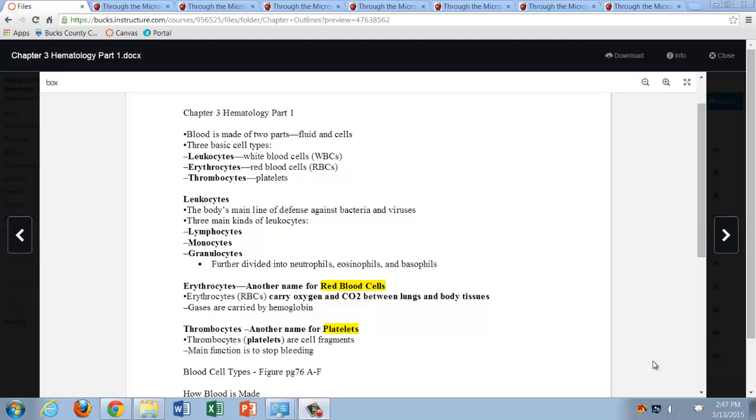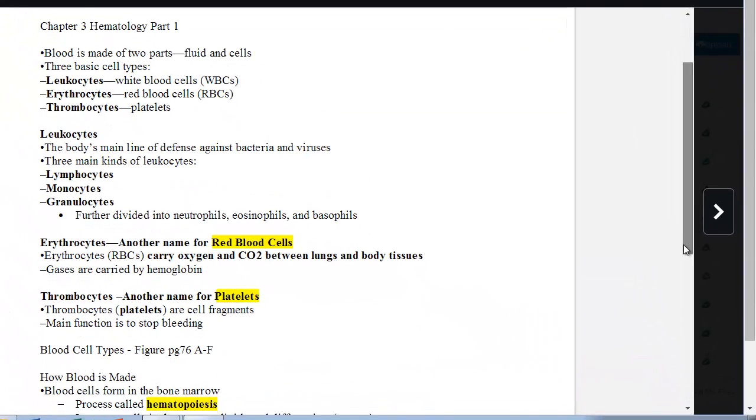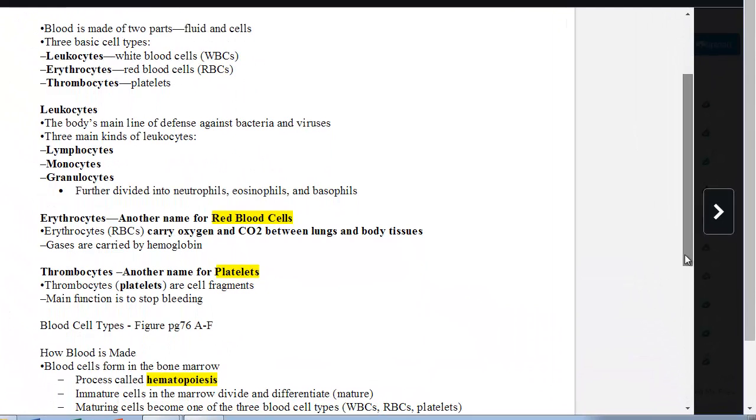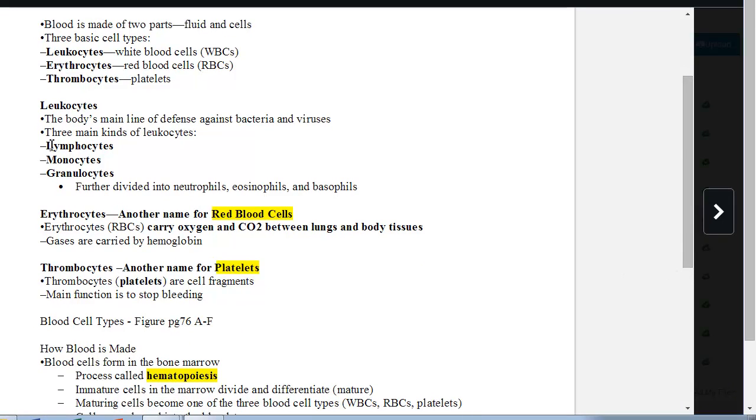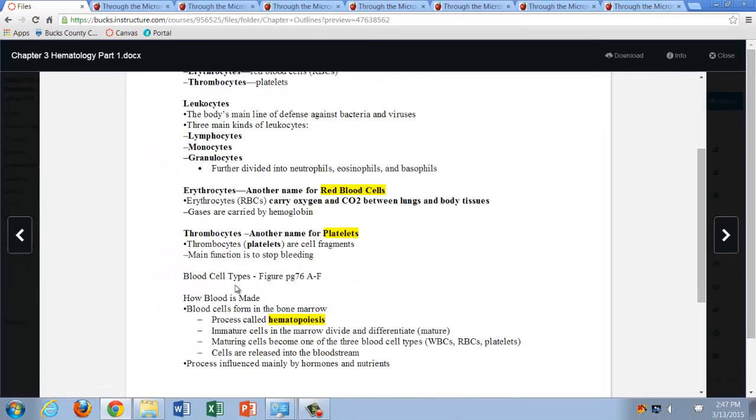I'm going to go through what's on the rest of this document and talk a little bit about it, and then I'm going to go out to the web and show you pictures of these different white blood cells. I'm going to show you pictures of erythrocytes and pictures of platelets. But let's finish up our talk here. Erythrocytes are another name for red blood cells, or RBCs.